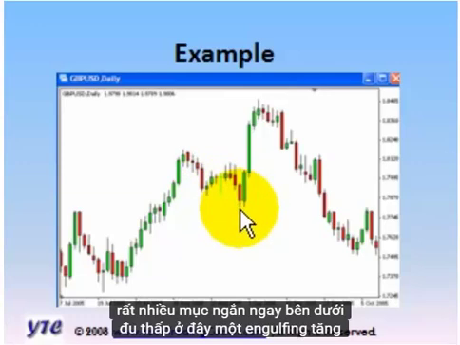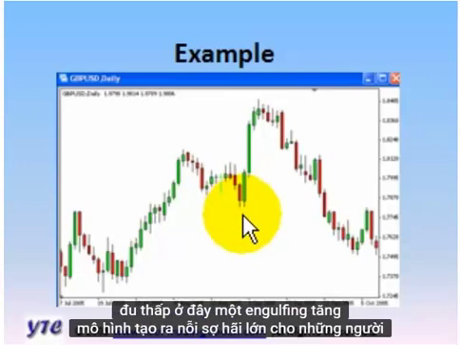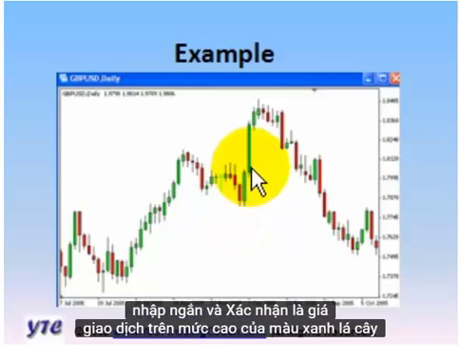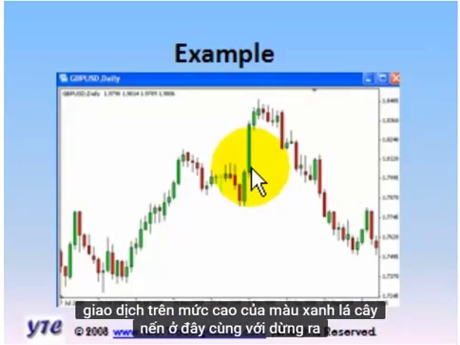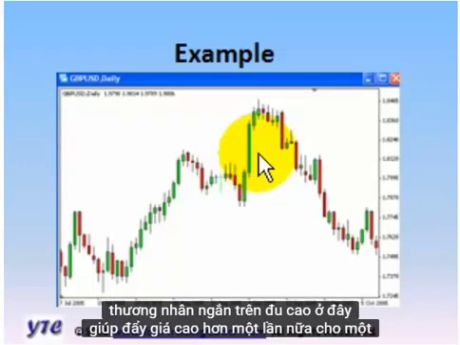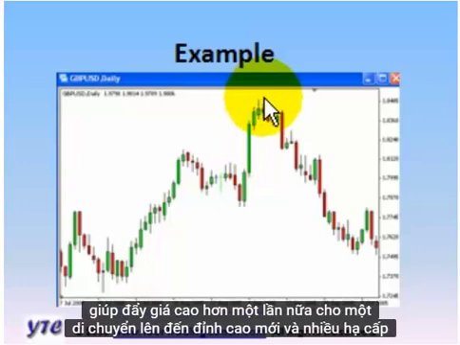A bullish engulfing pattern creates massive fear for those entered short, and confirmation as price trades above the high of the green candle here, along with stopping out the short traders above the swing high here, helps to propel price higher again for a great move up to new highs.